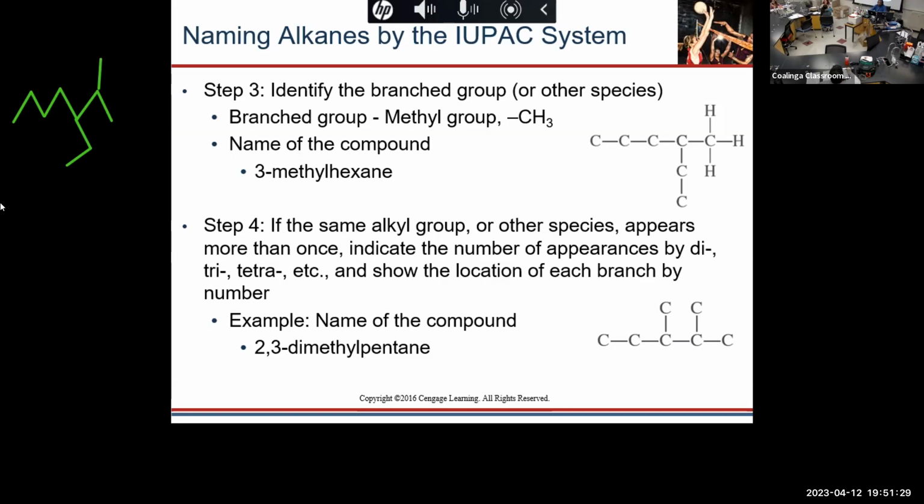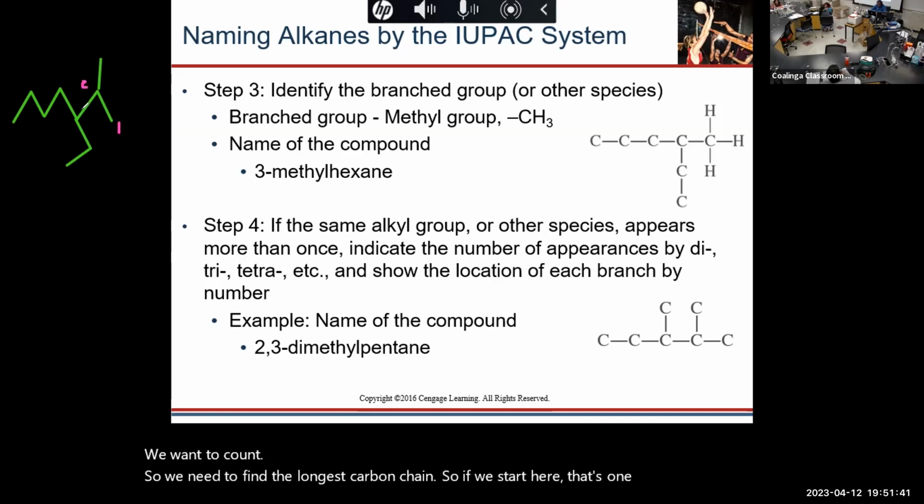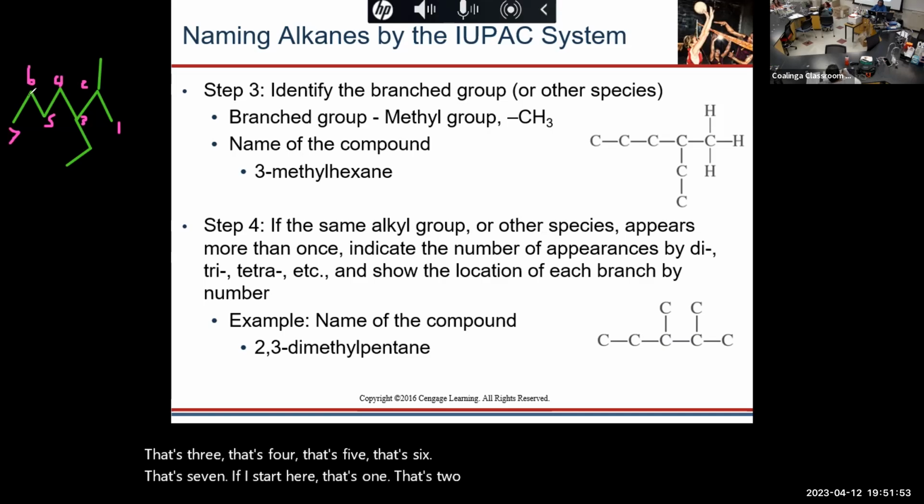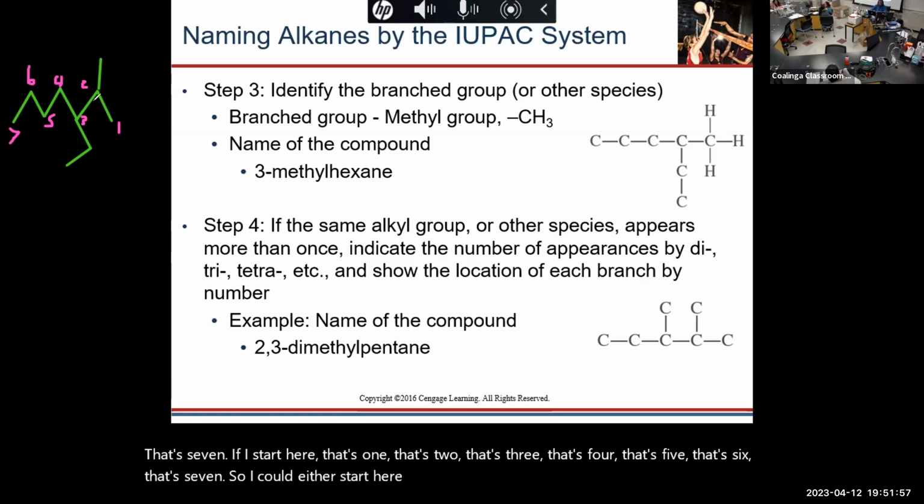Okay, so what is the first thing that we want to do? We want to count. We need to find the longest carbon chain. So we start here. That's 1, that's 2, that's 3, that's 4, that's 5, that's 6, that's 7. If I start here, that's 1, that's 2, that's 3, that's 4, that's 5, that's 6, that's 7. So I can either start here or I can start here.